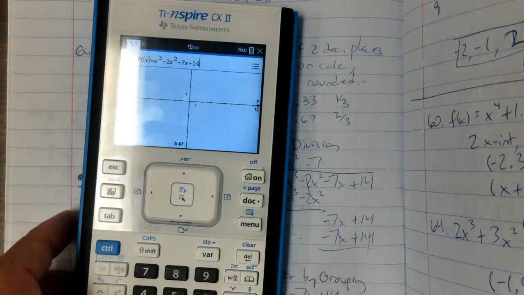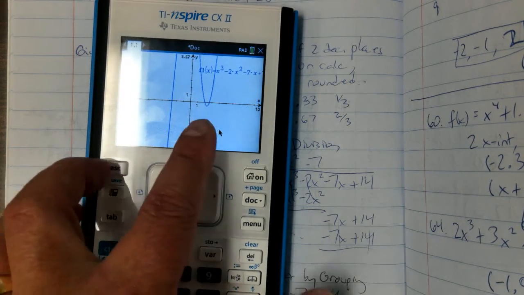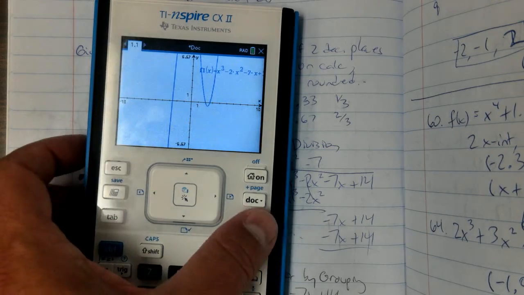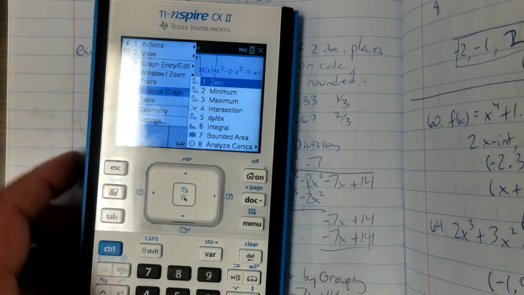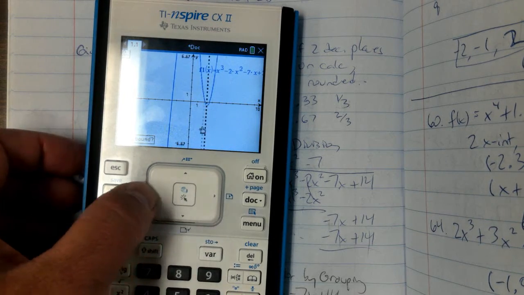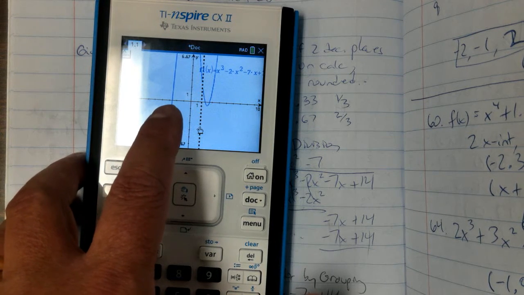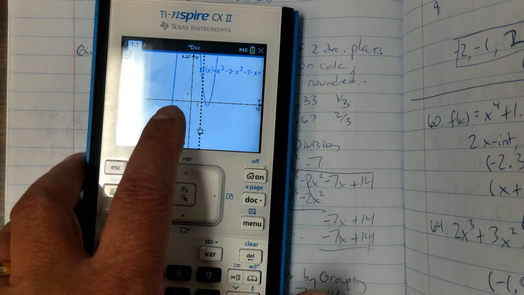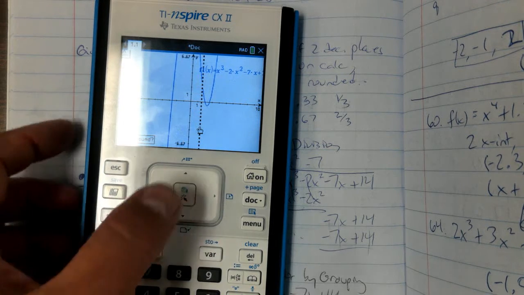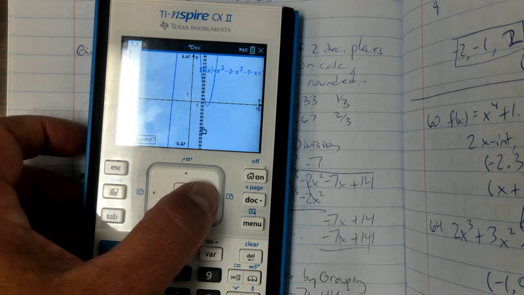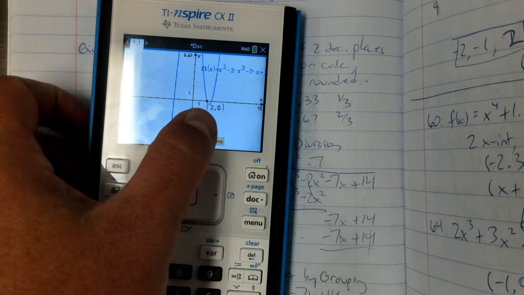Okay, so my first step is to graph it. And you see it crosses at 3 places. Again, your first step is just find an integer, if at all possible. Like this one, the first one, it's between 2 numbers, so that's not going to be an easy one to work with. The integer would be right there because it's 2, 0.